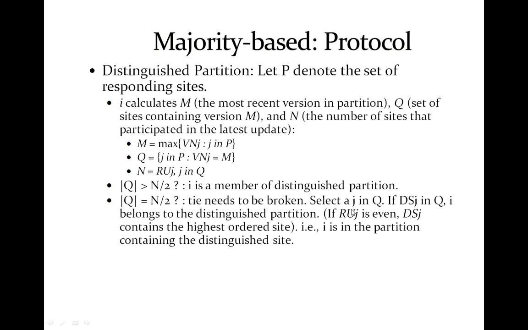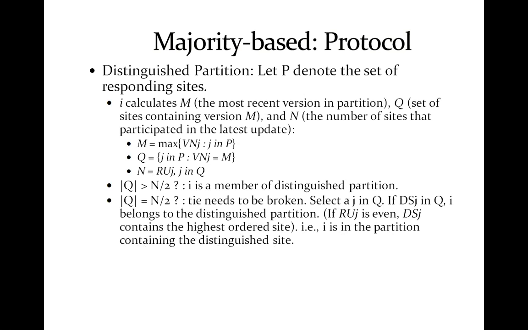Whichever site we select, if that site belongs to Q, and that site has a distinguished set and that set is in Q, then I belongs to the distinguished partition. Now, if RUJ is even, meaning the replica update count of that site is even, then DSJ contains the highest order site. Meaning thereby, I is in the partition containing the distinguished site.